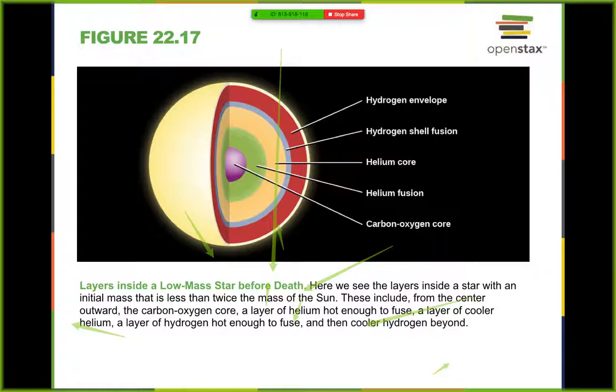In the very central part of the star, if we could see the layers as is being seen here, it would show a hydrogen shell fusion surrounding a helium core, which surrounds helium fusion reactions surrounding an inert carbon-oxygen core.